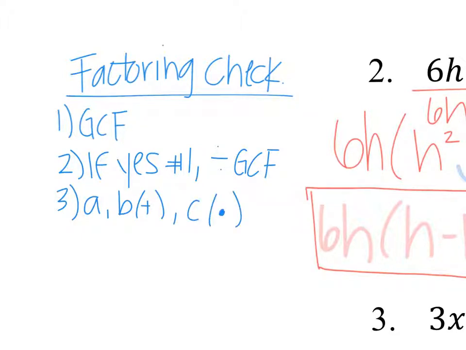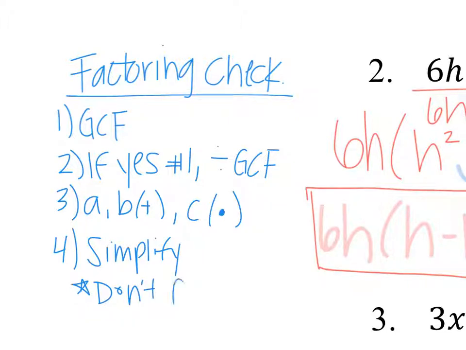Okay? All right, after I figure that out, I need to simplify. And then, don't forget your GCF if you have one. So if you have a GCF, don't forget to write it out front.